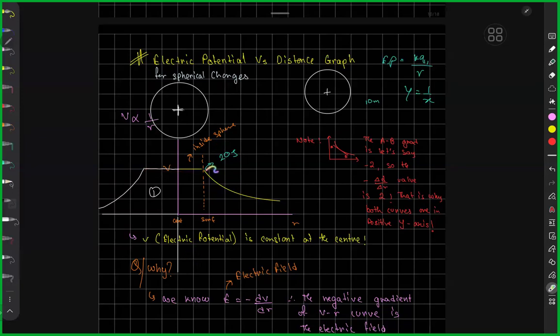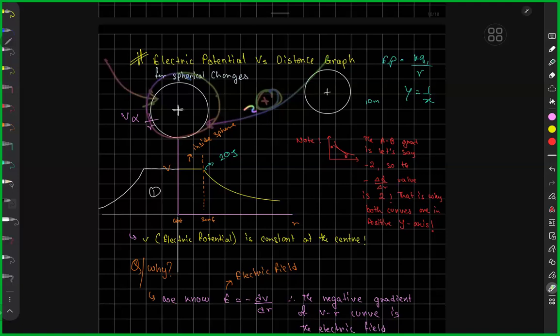And it increases in a 1 by x relation in bringing it closer to the surface. And why is the left side on the positive axis? Because it doesn't matter whether you bring the positive charge from the right side or from the left side, there is always repulsion between the test positive charge and the analyzed positive sphere.